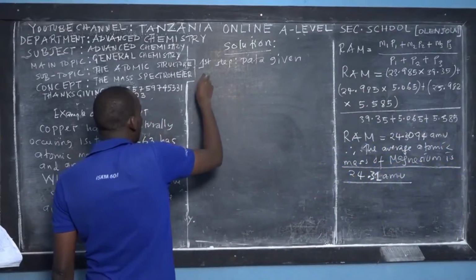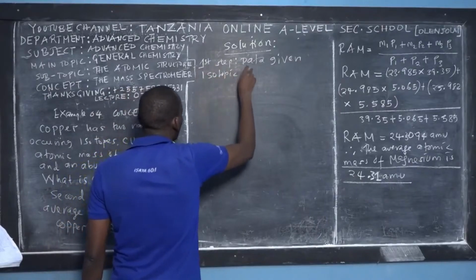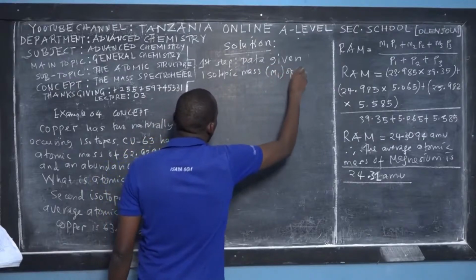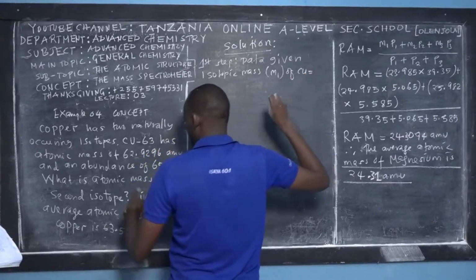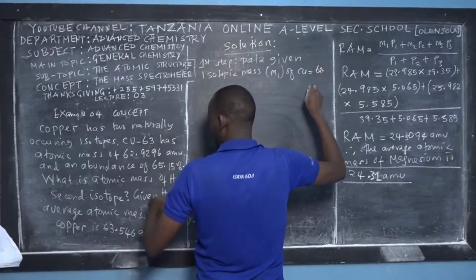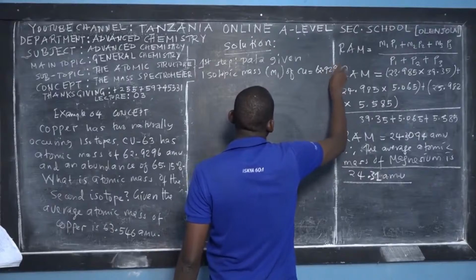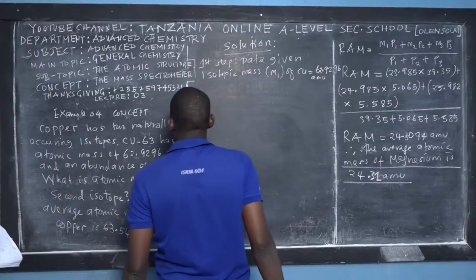So we say we have been given isotopic mass 1 of copper, which is 62.9296 atomic mass unit.